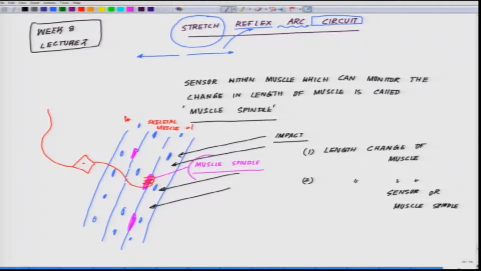So if you remember, when we ended the last class, I told you that these muscle spindles are a specialized group of muscle. Now when the muscle differentiates into two different forms of skeletal muscle, let me put it in case you missed it: skeletal muscle differentiated into two populations.